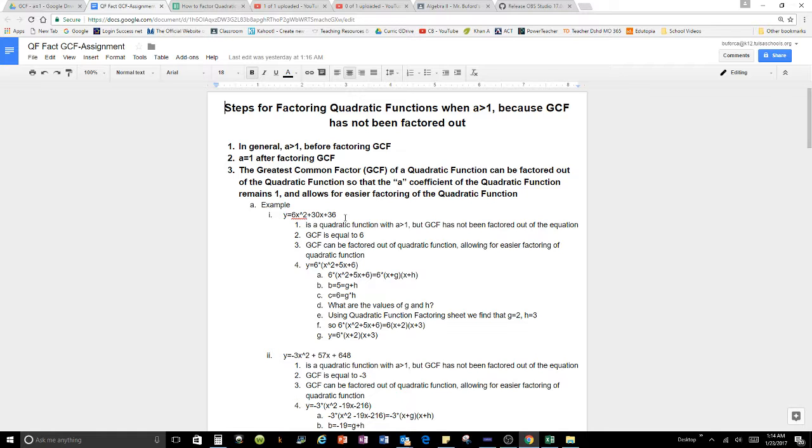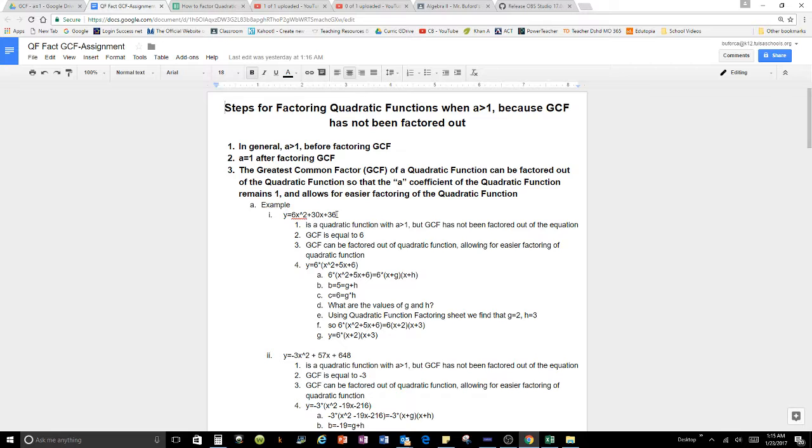And so what we can do using the distributive process is to pull a 6 out of each of these terms. As you can see, each of these terms, the 6x squared term, the 30x term, and the 36 term, each of those can be divided by 6.